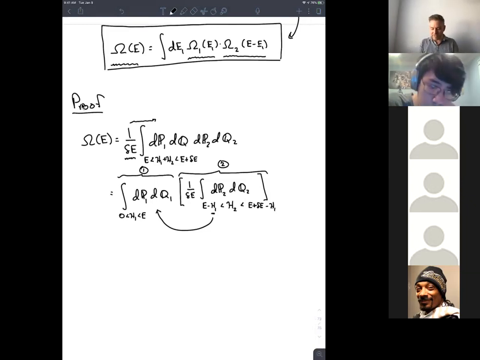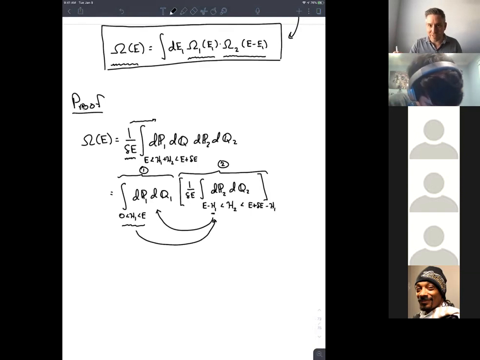Whatever subsystem 1 is doing feeds into this second integral to tell subsystem 2 what it's doing, and by doing that, it fixes the limits on it. Does that hopefully make some sense?